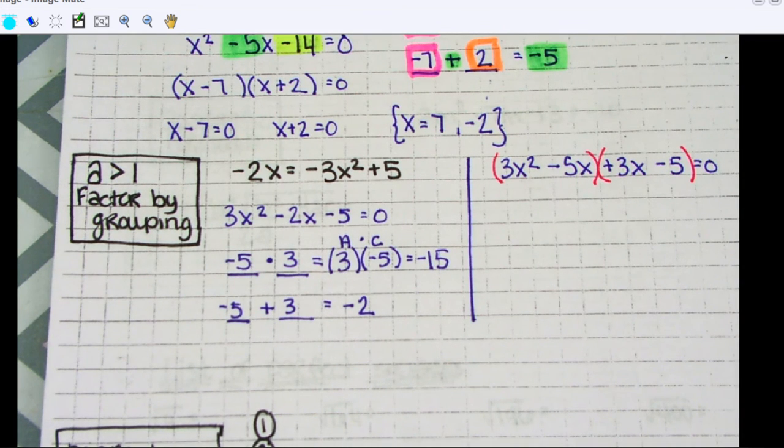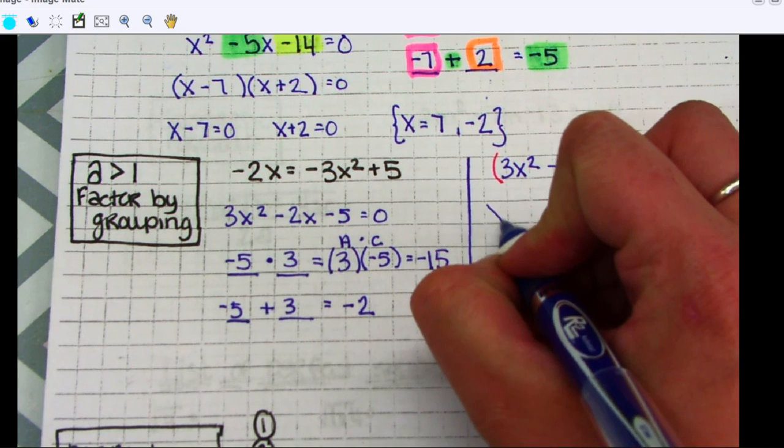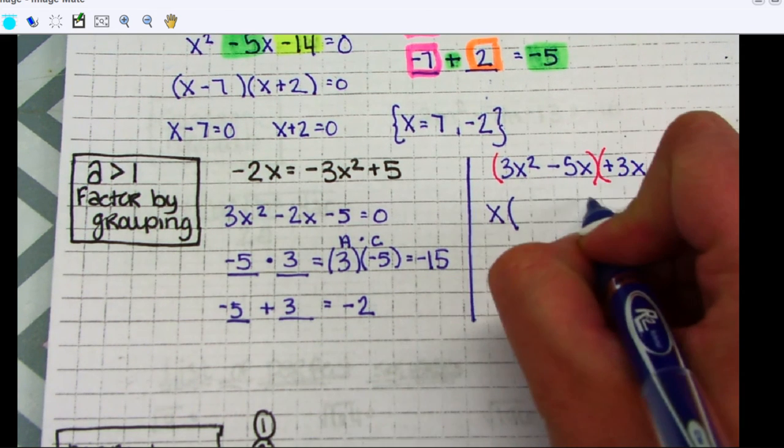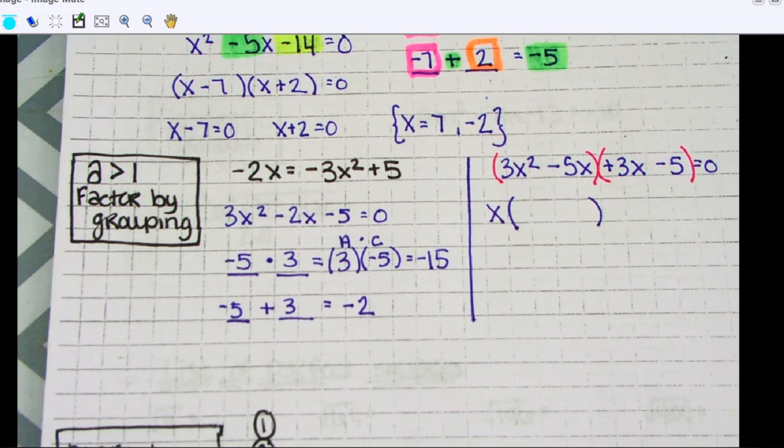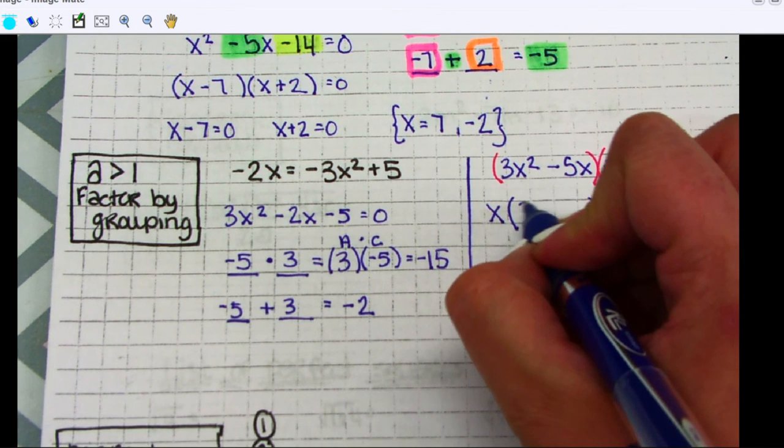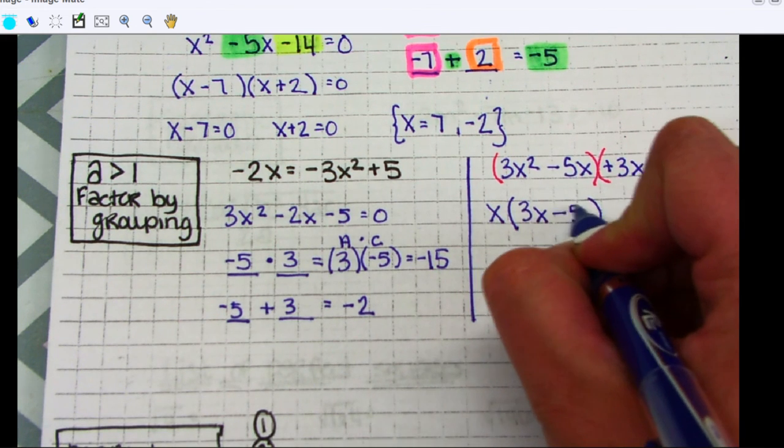This is where you look for the GCF. So in the first group of parentheses, what's my GCF? It's just x. So when I pull out that GCF, what am I left with in those initial parentheses? 3x minus 5.